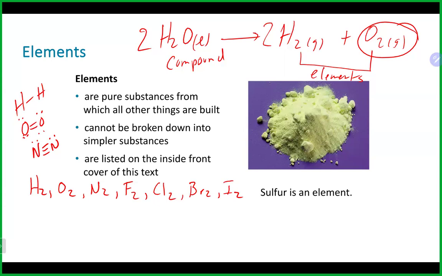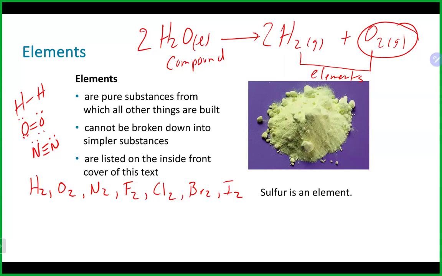Things, as we'll talk about in the next chapter, only really gain charges when they start hooking up, mainly metals and nonmetals. When they come together, that's when they really start to form charges. But if you had, for example, a piece of copper metal, it doesn't have a charge. It's neutral. So anything that you pull from the periodic table is essentially neutral, unless obviously it reacts with something else that could give it a charge. Any questions on that there?